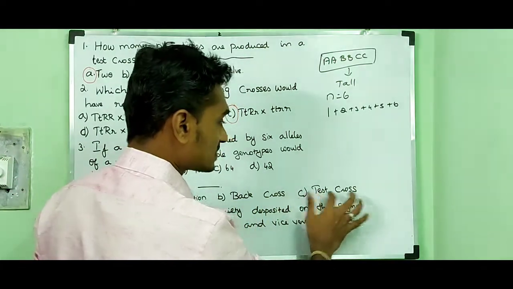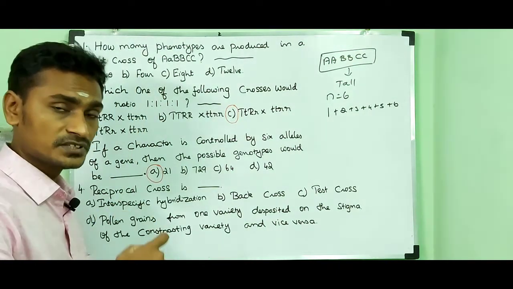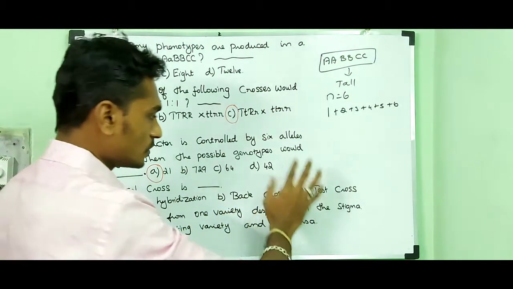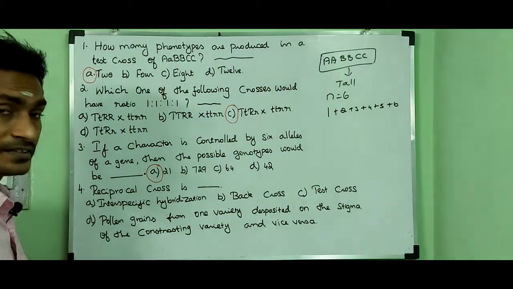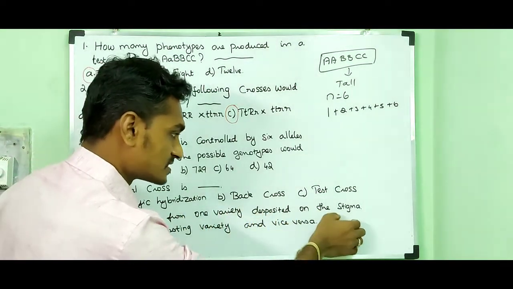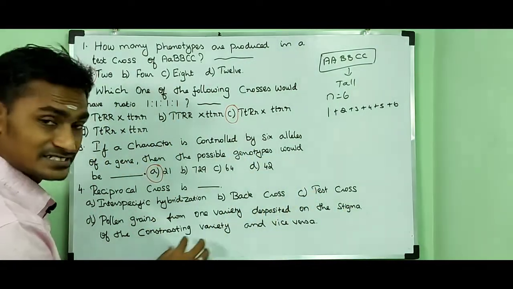Option C, test cross, where F1 has to be crossed with the homozygous recessive parent, is also wrong.